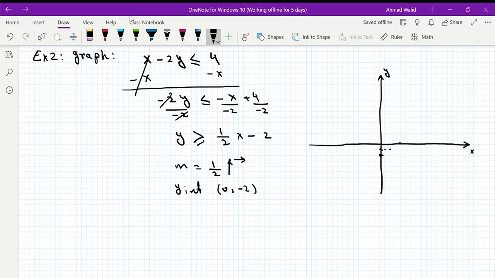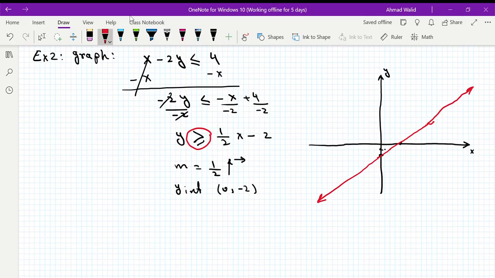Now it's time to connect these 2 points, right? With which kind of line? Focus on this inequality. Greater than or equal to, it means use a solid line. Now, which side to shade?